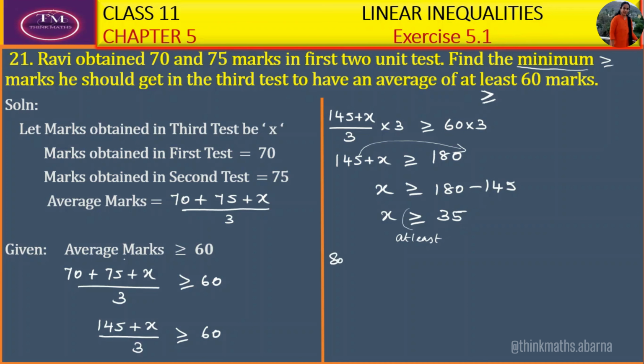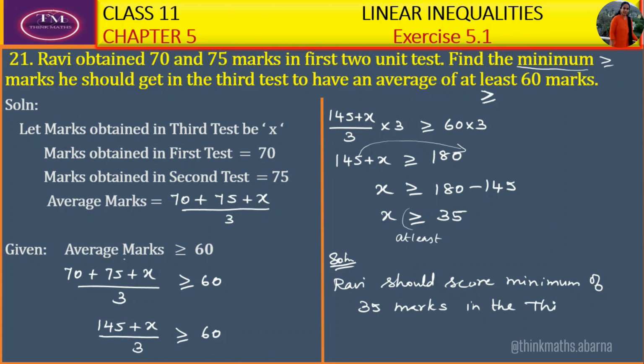So what is the solution? We can write: Ravi should score a minimum of 35 marks in the third test.